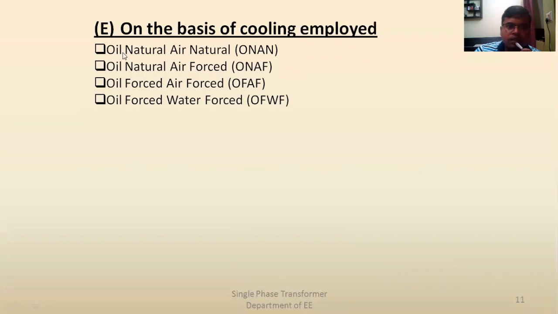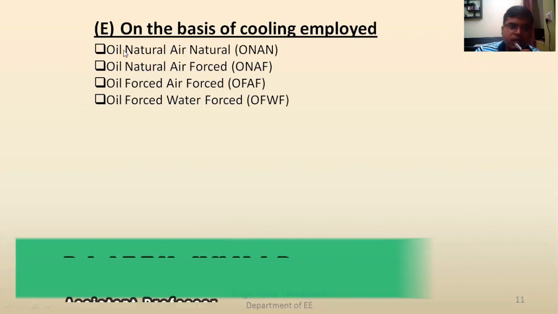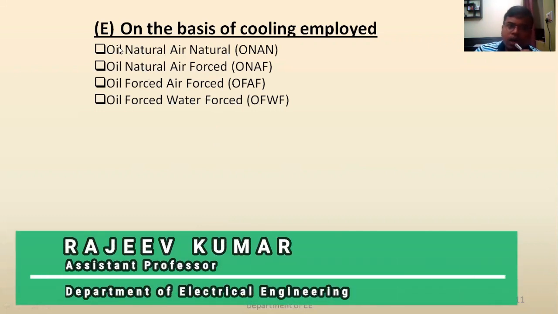First is oil natural, air natural. Natural means nothing will be forced, right? Oil is used in the transformer tank for two purposes. One is cooling, another is insulation. This is insulating oil used in transformers. So oil will naturally flow.